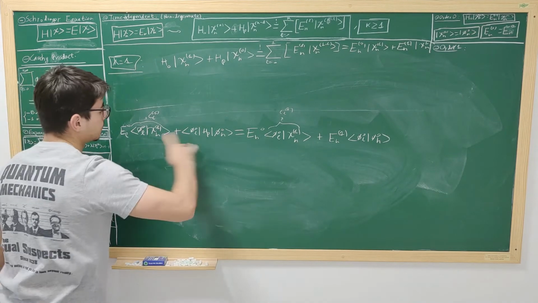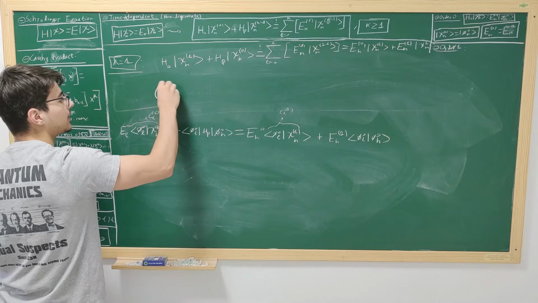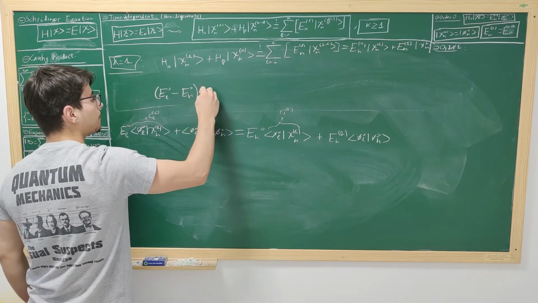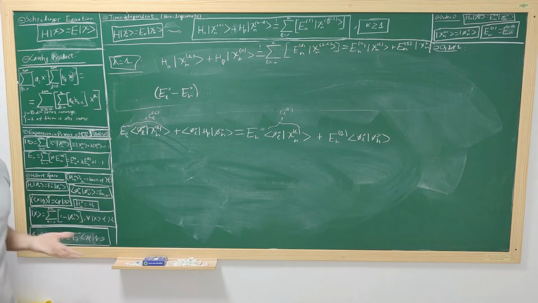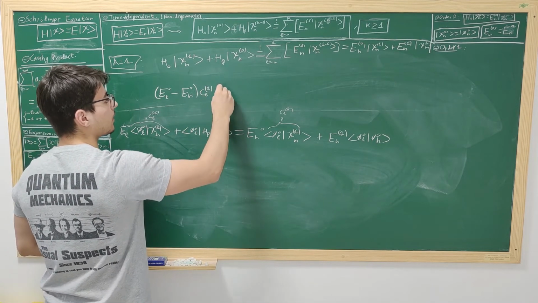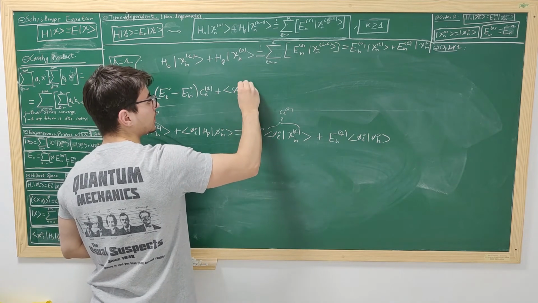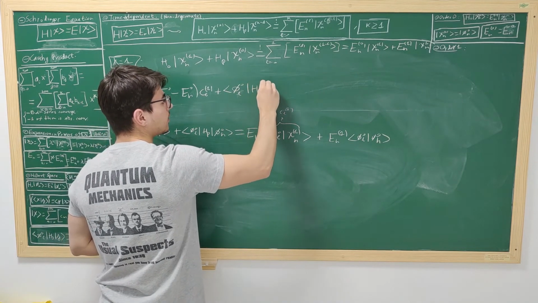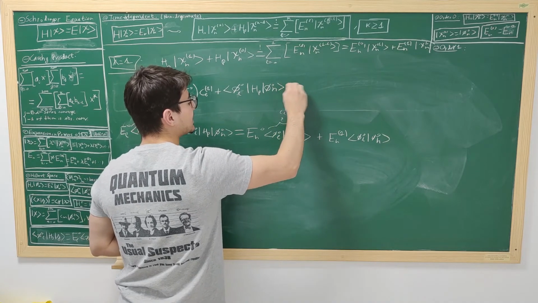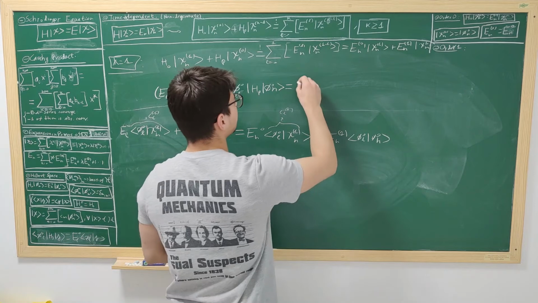Because these two terms are equal, we can just take the energy to this side and write E_L0 minus E_N0 times this inner product, which is just C_L1, plus this term, which we cannot really simplify any further, and this is equal to this one, the first energy correction.